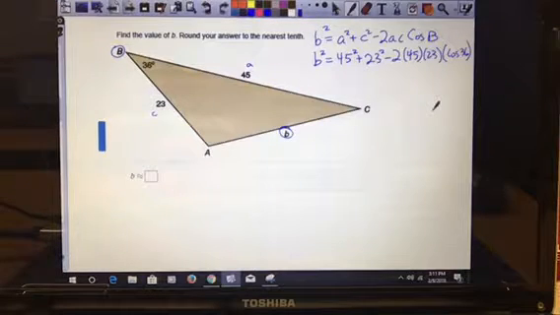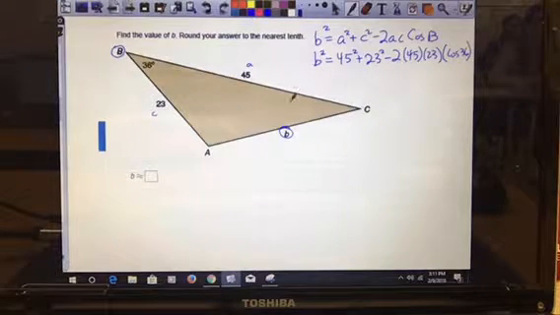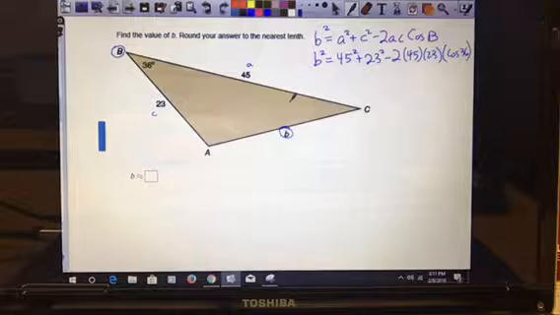There's a little square button on this calculator. 45 squared plus 23 squared minus 2 times 45 times 23 times cosine of 36. All of it goes straight in, just like that.